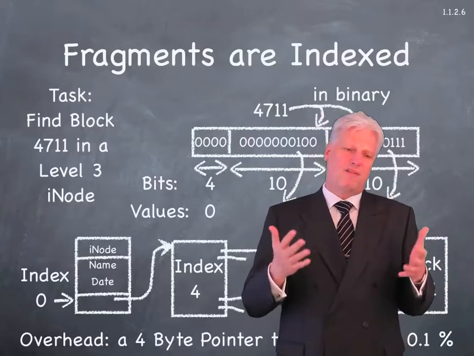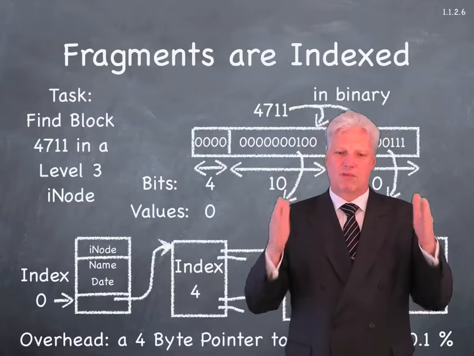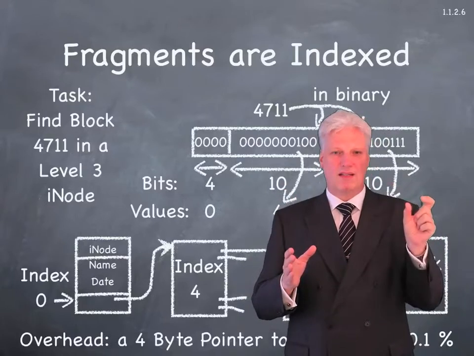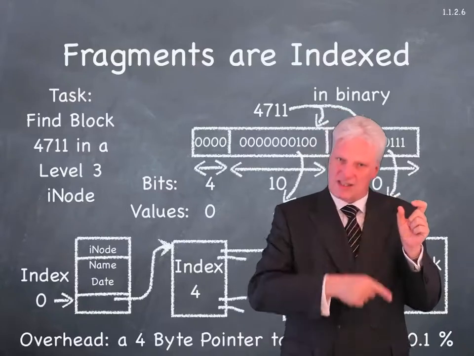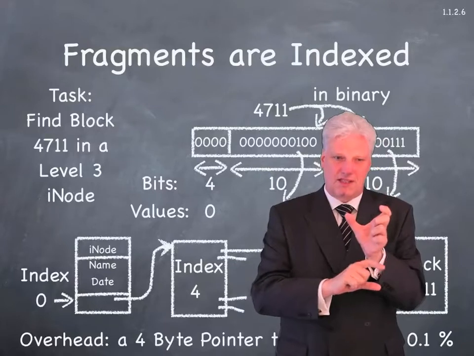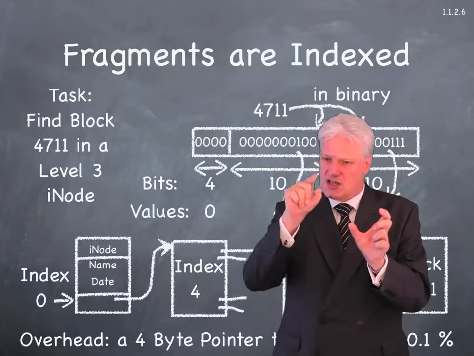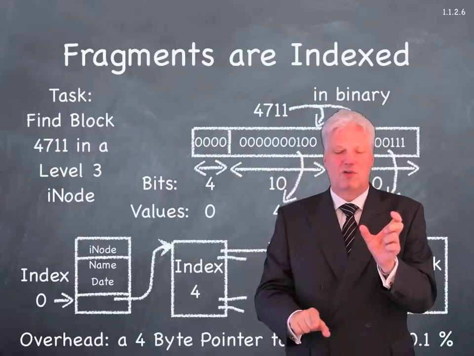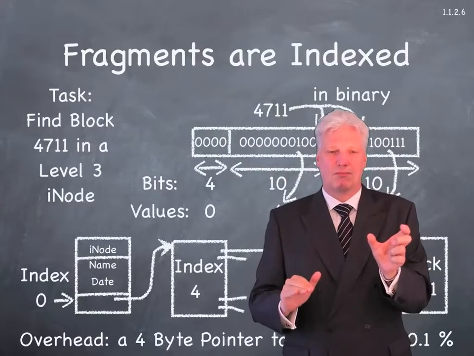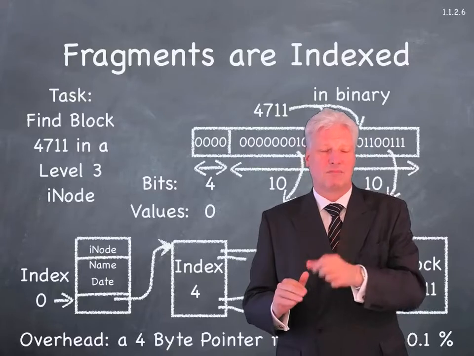Okay? Now, if it's a level 3 iNode, it knows that there are 3 fragments of addressing. It knows that it needs to have 4 bits for the 16 pointers inside the iNode itself, followed by 10 bits that'll give the position from 0 to 1023 in the 4K block with the 1024 4-byte pointers, followed by another 10 bits.